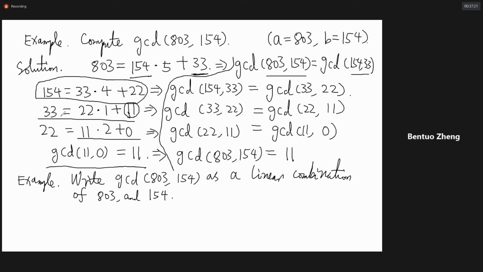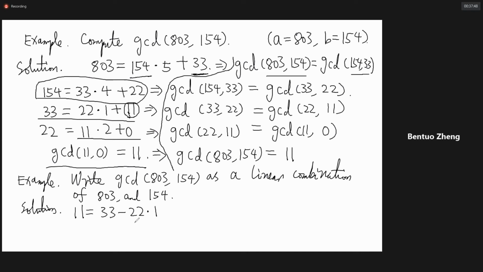So this step tells you what 11 is. Solution: 11 is equal to what? 33 minus 22 times 1. Okay, this is what you get from the step where 11 appears as a remainder.